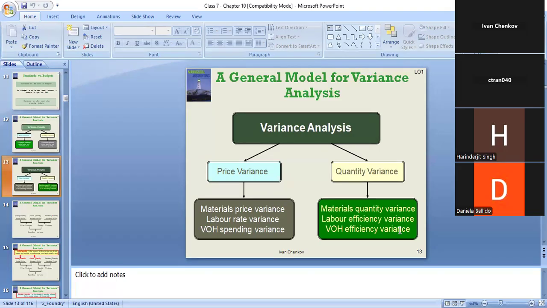Then on the quantity variance, we're going to have material quantity variance for direct material, labor efficiency variance. We're changing quantity with efficiency. The question is how efficient we are in using our workers for direct labor, and variable overhead efficiency variance for the variable manufacturing overhead portion only.